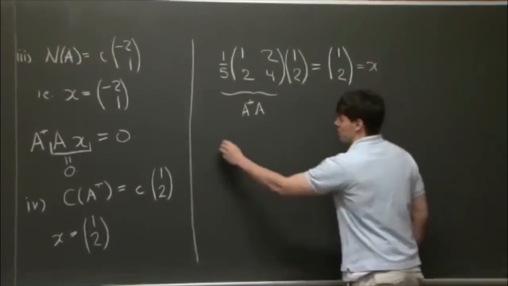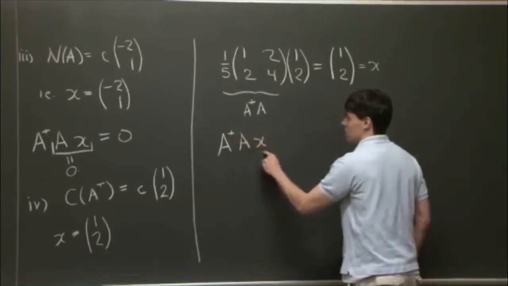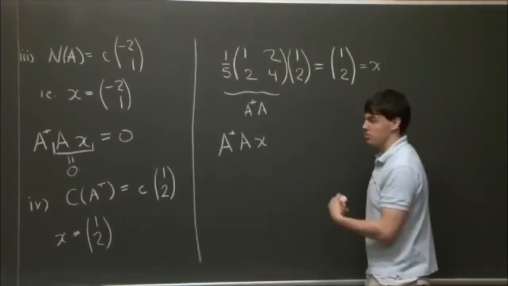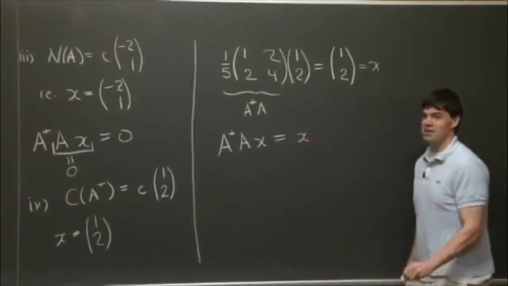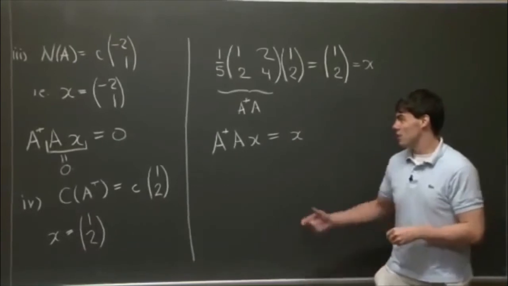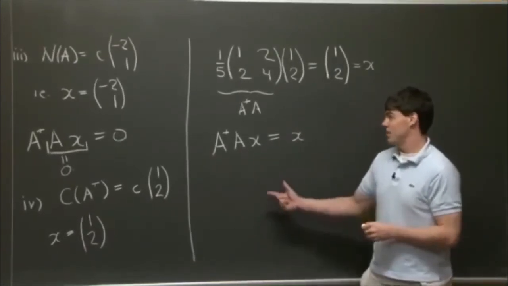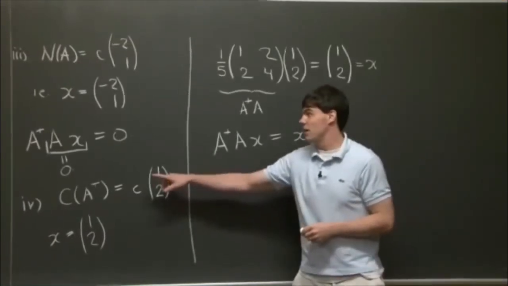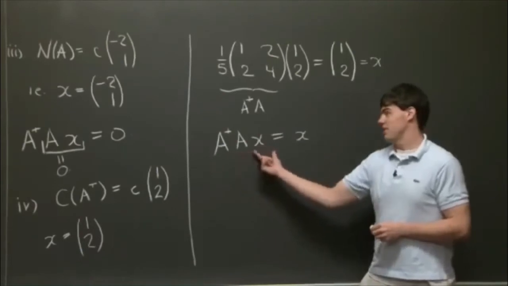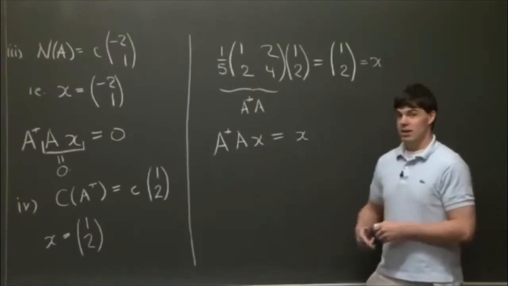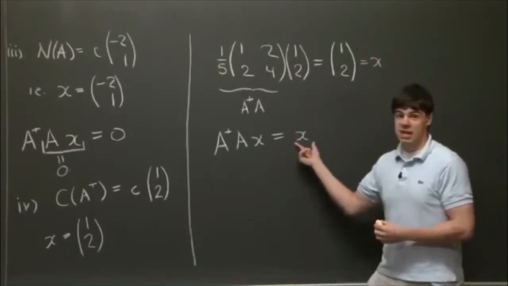So in general, if we take A plus A acting on x, where x is in the column space of A transpose, we always recover x at the end of the day. So intuitively, what does this matrix A plus A do? Well, if x is in the null space of A, it just kills it. We just get 0. If x is not in the null space of A, then we just get x back.